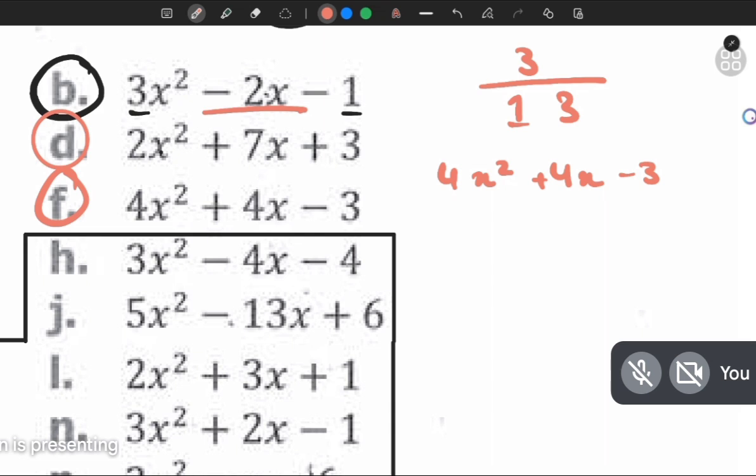For this one, F, the one on board. What is the first thing that you'll do?